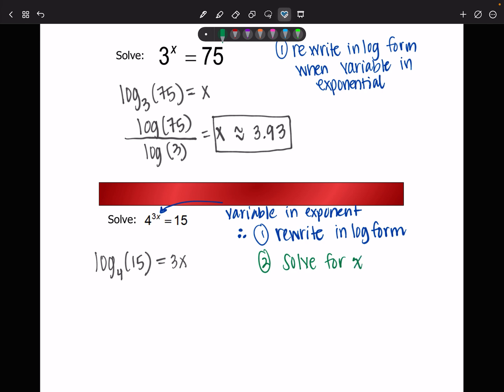And sometimes that involves the change of base formula. So remember that this is just some number.